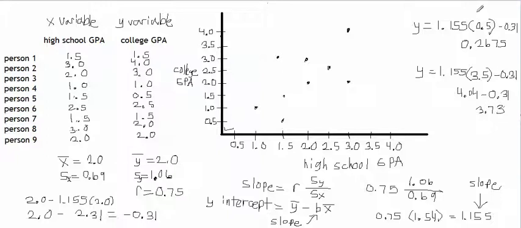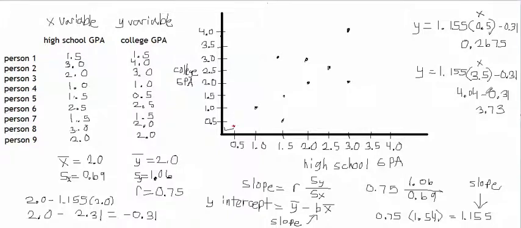So we plugged in a value for x right here. We plugged in a value for x right here. When x was 0.5, we got about 0.26 for y, which is about in here. So let's make a dot right about there. I'm going to make it a different color so I remember what it is. It's not one of the data values.